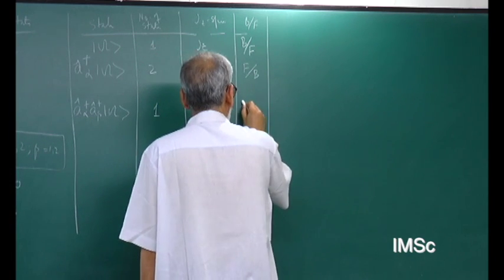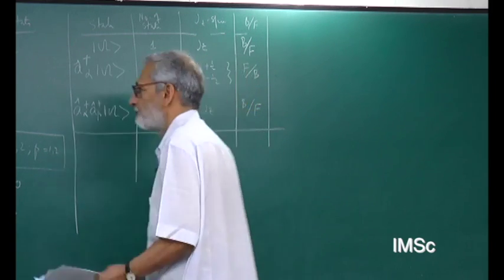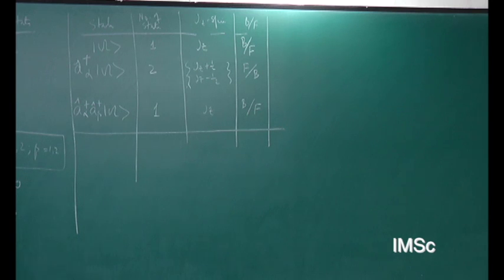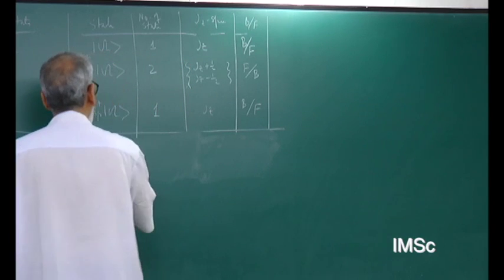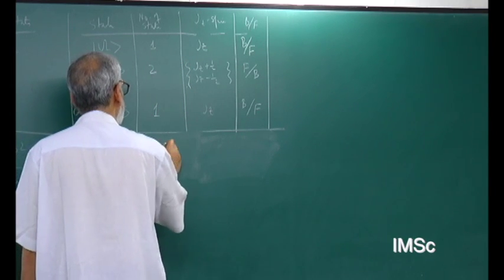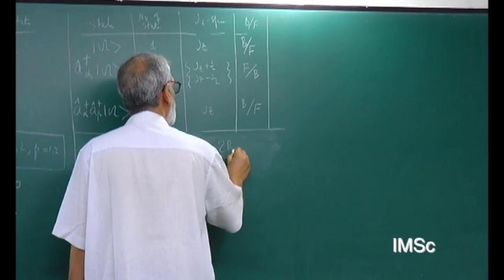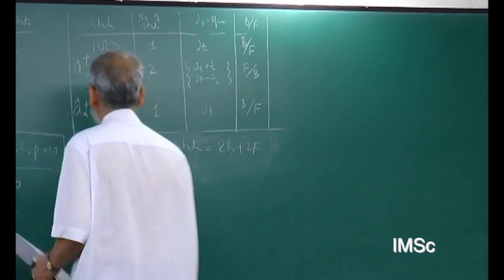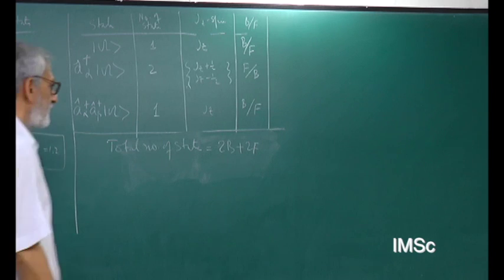And if this is a fermion, this would be a boson, and vice versa. So the total number of states is 2 bosonic and 2 fermionic, which is 4.